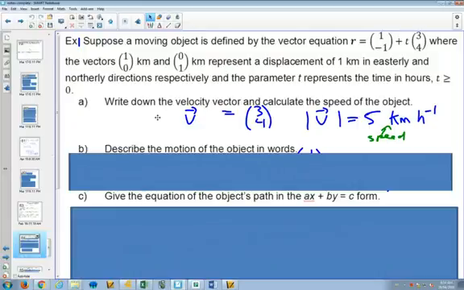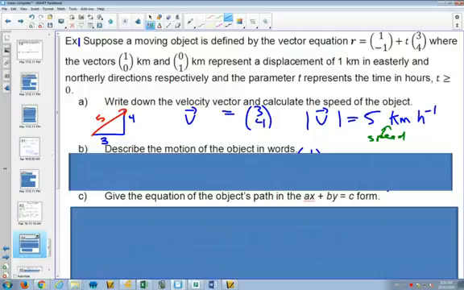basically what's happening is in 1 unit of time, so when t is 1, it's going to move 3 in the x direction and 4 in the y direction, giving this resultant, which as a 3, 4, 5 triangle, will have a length of 5.